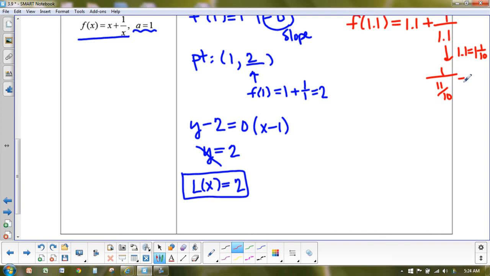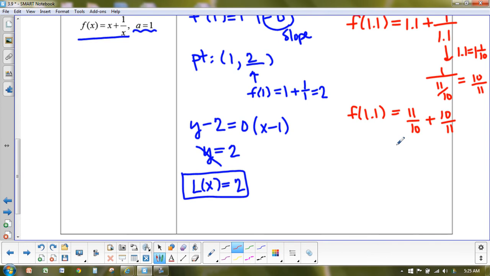And then you would get a common denominator. So you would come back and multiply this part by 11, and multiply this part by 10, top and bottom. So you would figure out that we have 121 plus 100 over 110.